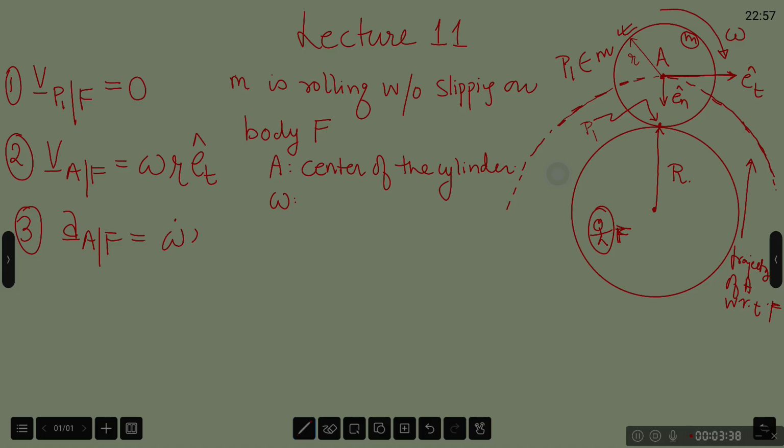One component is along Et and the other component is along the En unit vector. This is what we derived in the last class, where omega dot is the angular acceleration of the small cylinder as seen by our observer fixed in F.